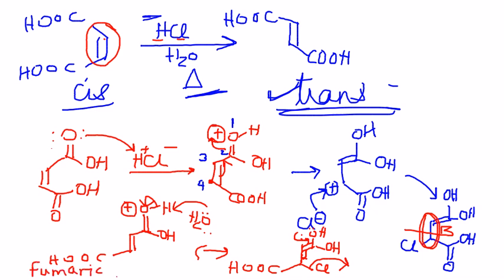Now, a couple things about this reaction. First things first, as you can see, hopefully, the cis isomer has the like groups on the same side. That makes that molecule pretty polar. And so that is the reason that when you add water, which is the solvent in this case, everything goes in.